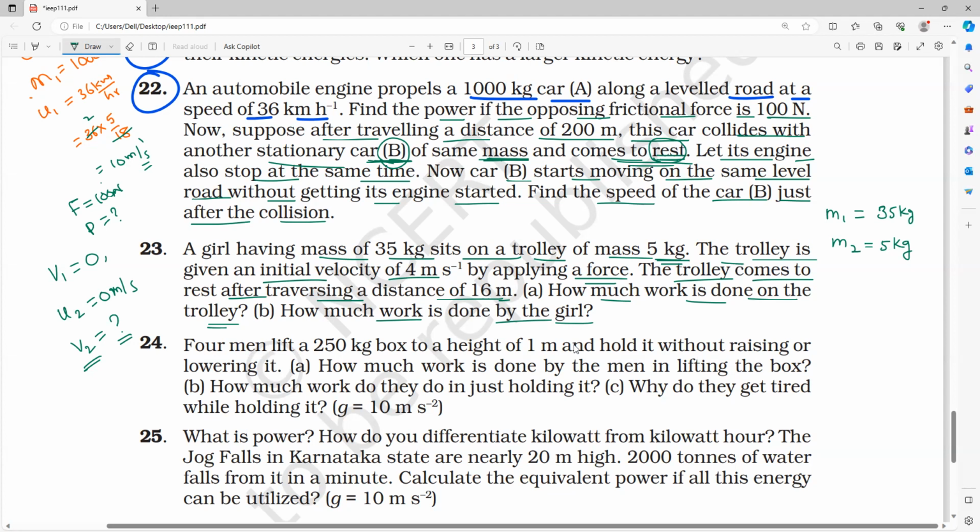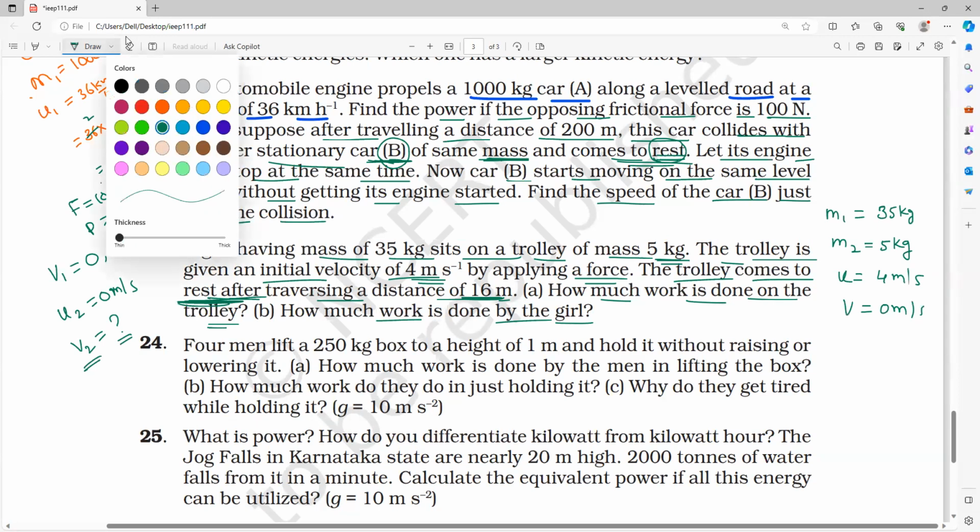The trolley is given an initial velocity of 4 meters per second. What is the initial velocity? 4 meters per second. The trolley comes to rest after traveling a distance of 16 meters. So what is the final velocity? It comes to rest, so 0.